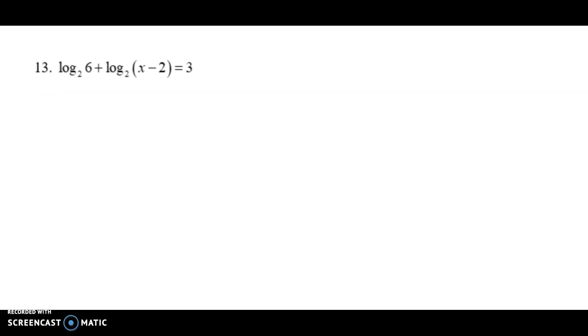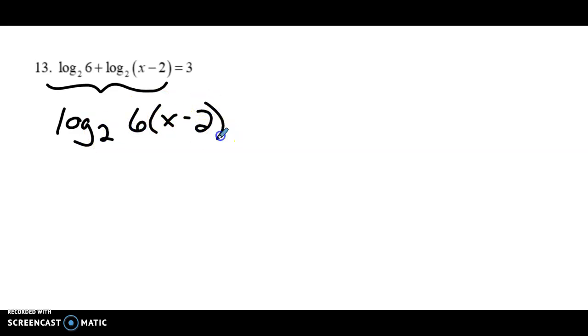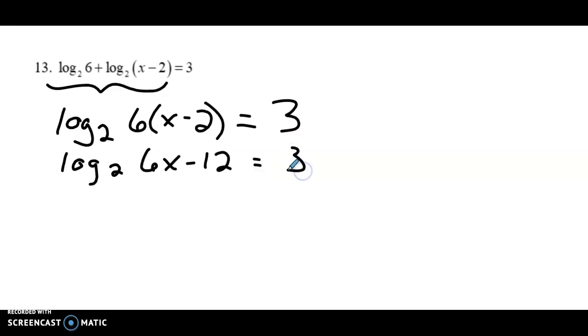All right, so first thing we're going to take care of is this part, and it's again addition, so that means we're going to multiply the two arguments together. So we got log base 2, that's going to be 6 times x minus 2, still 3. Distributive property there, we have log base 2, 6x minus 12 is 3. Now, since we only have the one log, we're going to convert this. Remember that our base is going to be 2. Our exponent is going to be 3.